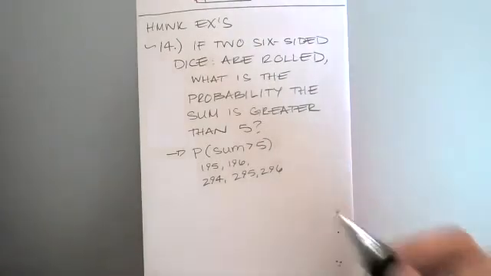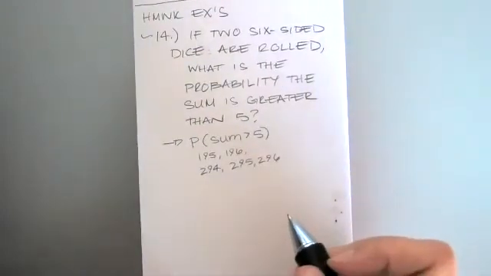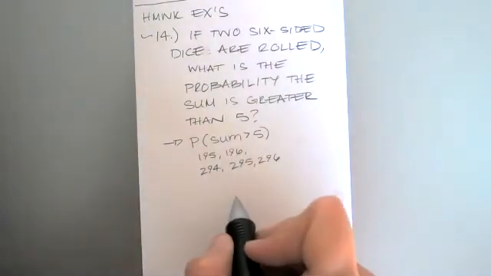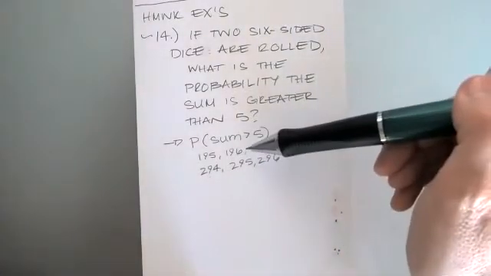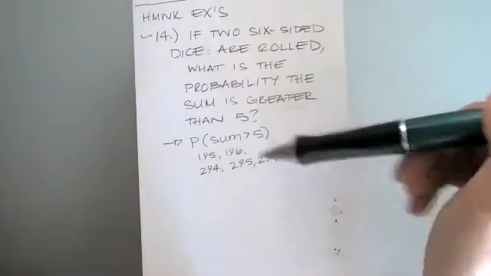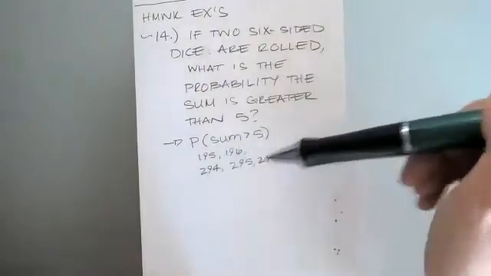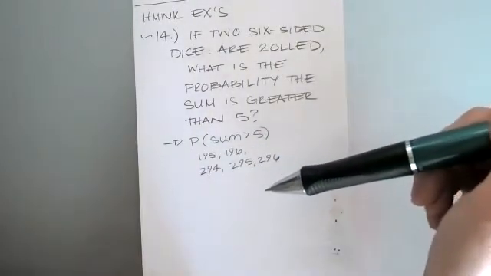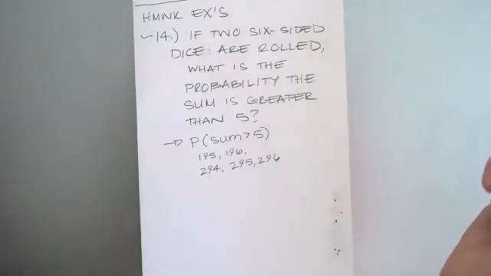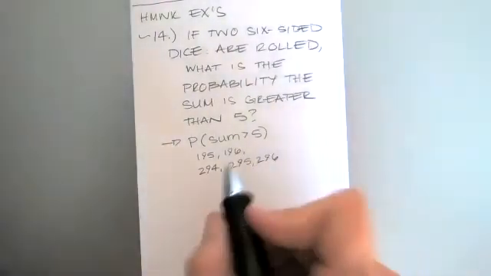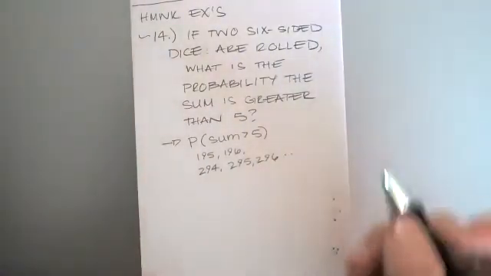Wait, could we go backwards so it'd just be 4 and 1 and 1 and 4 and then 3 and 2 and then 2 and 3? You totally can if you want to, but I tend to break it down into: I rolled a 1 first, and then a 2 first, and then 3 first. I just use the same algorithm every time. But you could use something else if you wanted to. Okay, so this is just going to keep going on and on, right?